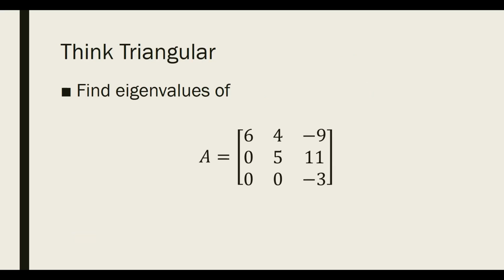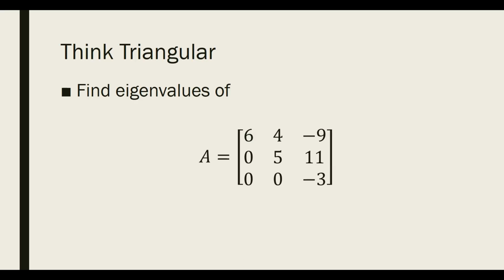Now let's think about the implications of this for triangular matrices. So if I didn't know a specific lambda, or if I wasn't given one, could I find the eigenvalues of a particular matrix, like this one?